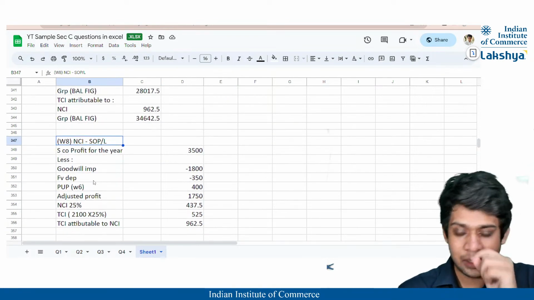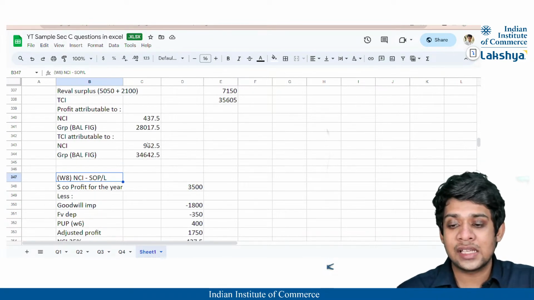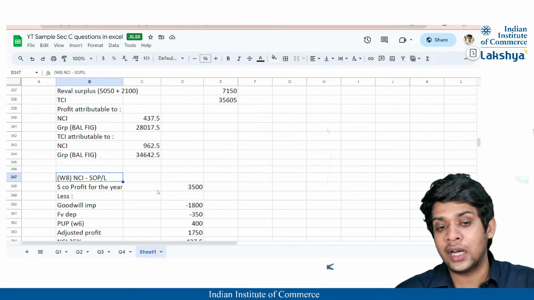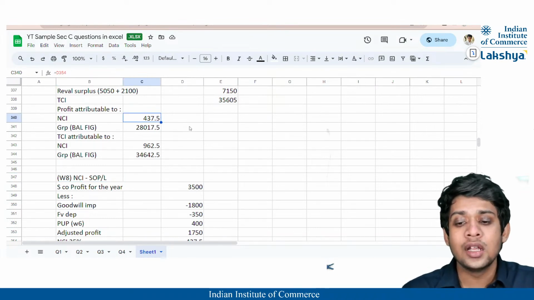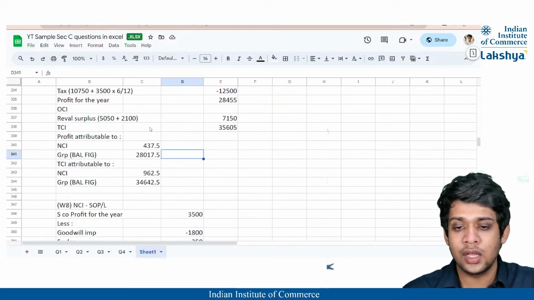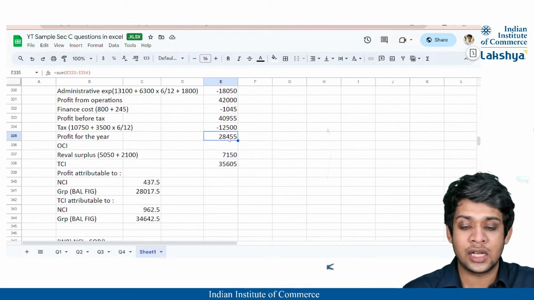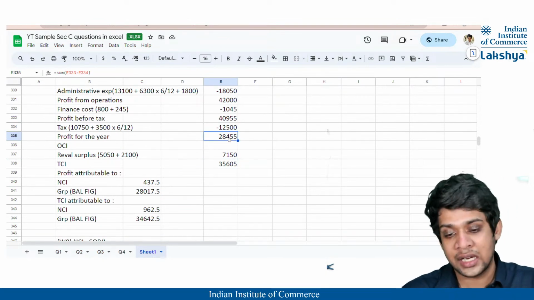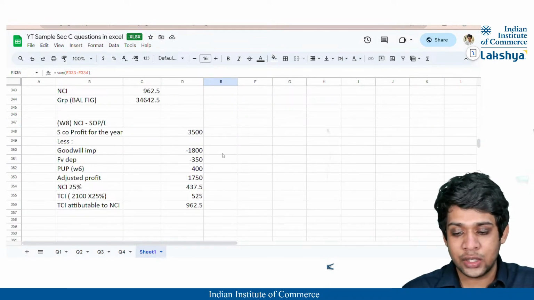Okay, so I hope this sum is clear to you till here. If in case it is not clear, then just skip this part, and if you can understand it through the sheet, or you might find a separate solution to it, you can just understand that. Any which ways, our main goal was to achieve a profit and a total comprehensive income which is appropriate and which is as per their calculation, right? So I hope this sum is clear to you all.